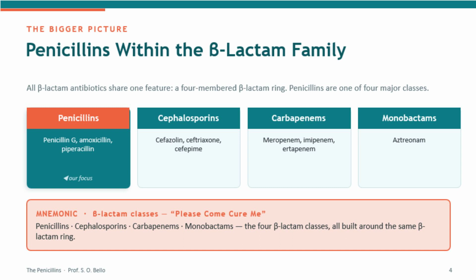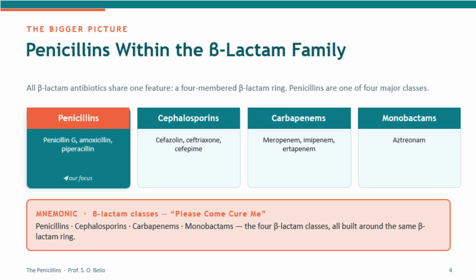The carbapenems are big gun, broad spectrum agents like meropenem, and the lone monobactam, aztreonam. They all work the same fundamental way, by attacking cell wall synthesis, and they all share the same Achilles heel. Enzymes called beta-lactamases that can break that ring.